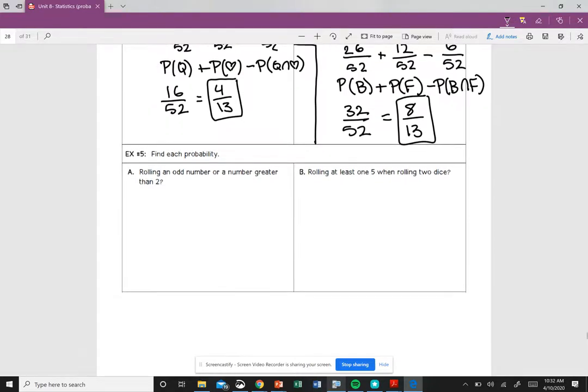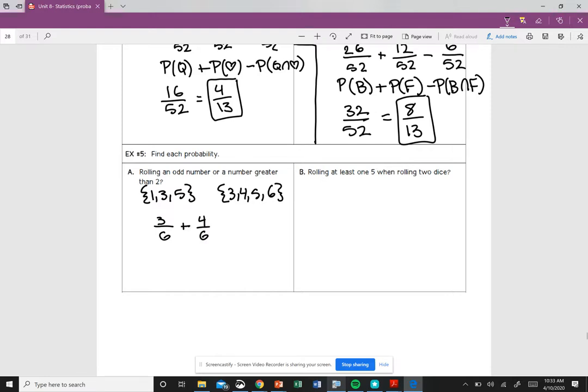Okay. So we're going to find the probability of each of these. What's the probability of rolling an odd number or a number greater than 2? So let's look at odd numbers. Odd numbers on a dice are going to be 1, 3, and 5. Now let's look at the numbers greater than 2. So this is going to be 3, 4, 5, 6. So the probability of rolling an odd number is 3 out of 6, plus the probability of rolling a number greater than 2 is 4 out of 6.